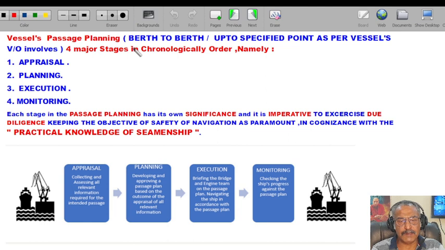The four major stages in chronological order, which I have stated down, and which of course most of us are aware of, are appraisal, planning, execution, and monitoring.